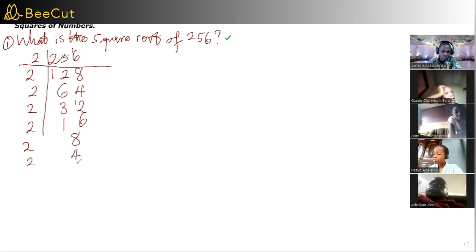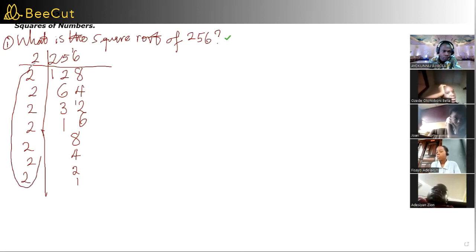And 2 in 4 is 2. While 2 in 2 is 1, and nothing goes again. So here you see that these are all the numbers that I was able to use to divide until it cannot go again.